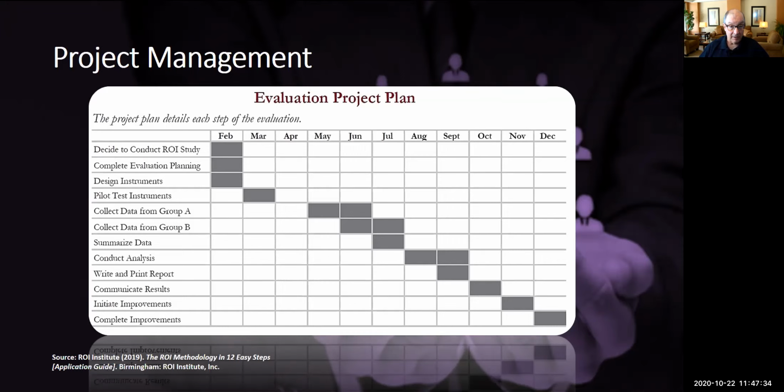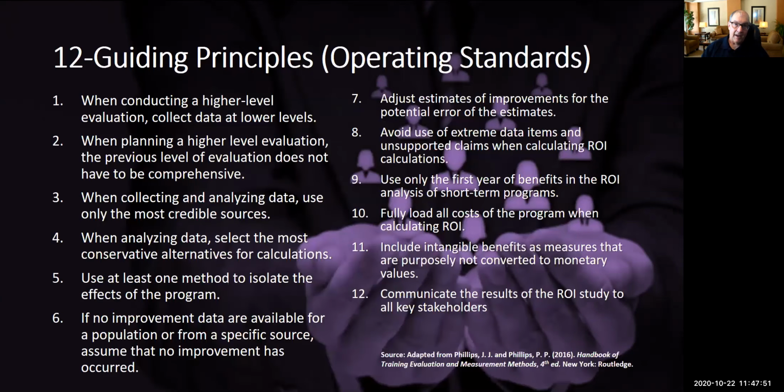If you put a project plan, something along these lines, in your report, to me, that's happy making. Love to see it. You're acknowledging the fact that you not only have a plan to do, but you plan to do that kind of thing. And while we're on the subject of planning, always remember as you're developing these plans and thinking about the strategies, keep the 12 guiding principles close at hand.